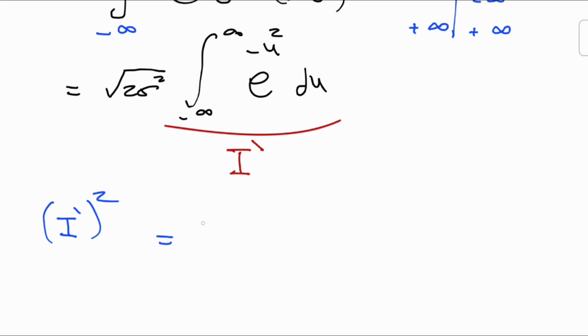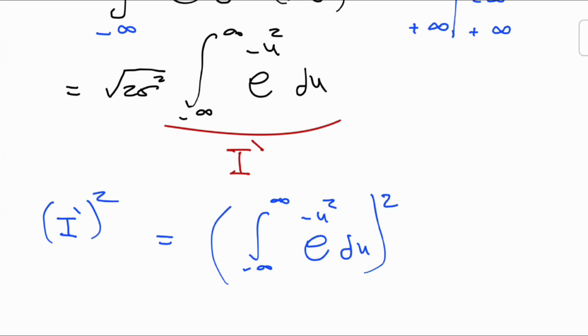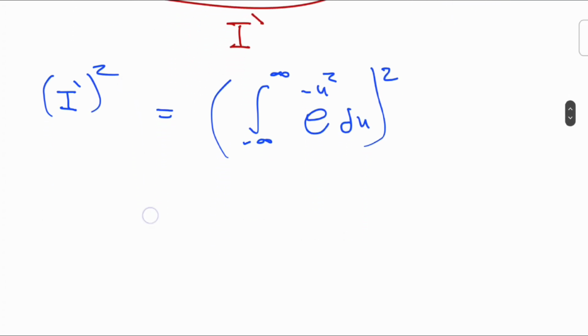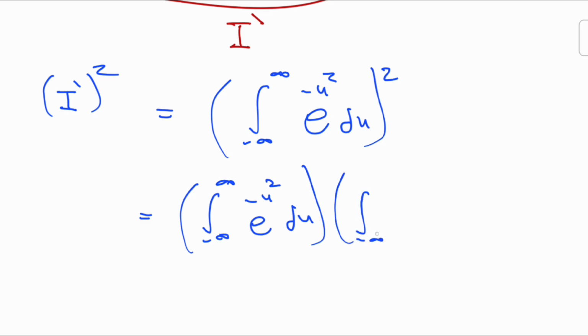If you square it, you get the integral from minus infinity to infinity of e to the minus u square du, squared, and this is just equal to the integral from minus infinity to infinity of e to the minus u square du times the integral from minus infinity to infinity of e to the minus u square du.